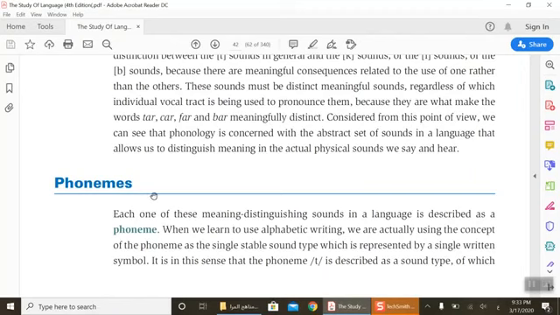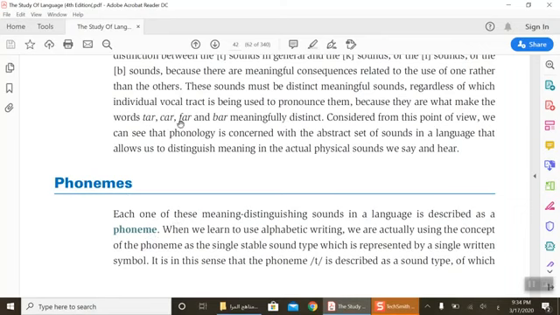We come to phoneme. What is phoneme? Each one of these meaningful distinguishing sounds, meaningful in it, T, K, F, D, in a language is described as phoneme. Okay, so phoneme is what? Each of these meaningful distinguished sounds in a language is described phoneme.